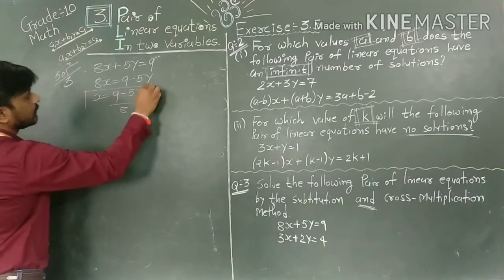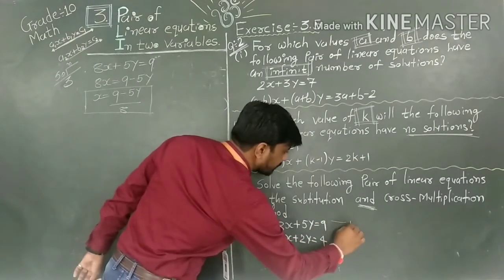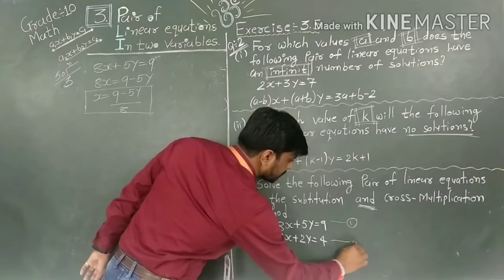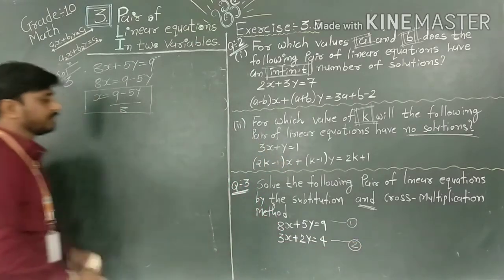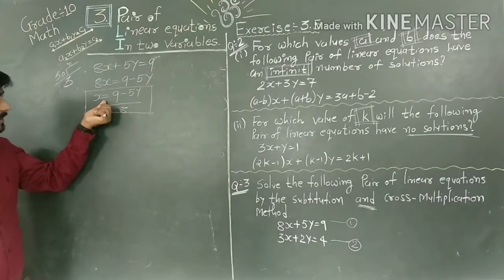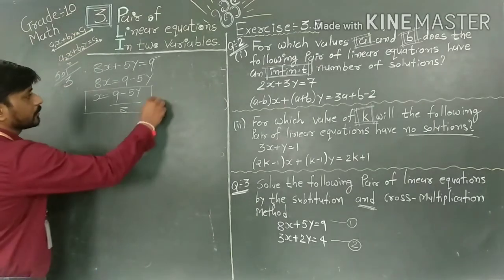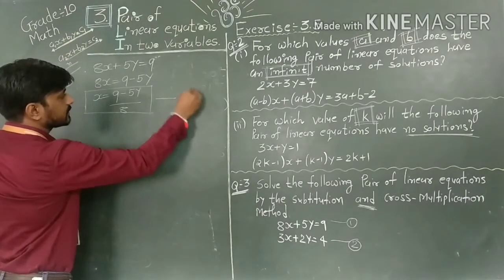Now put this value. Suppose this is equation number 1 and this is equation number 2. We rearrange equation number 1 in the form of the value of x. Now put this value in equation number 2, or you can write this as equation number 3.